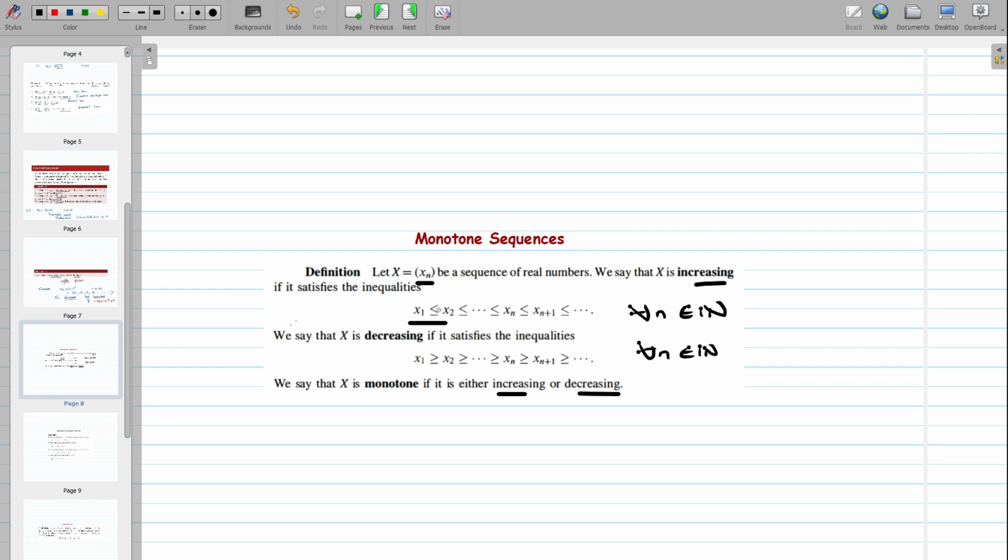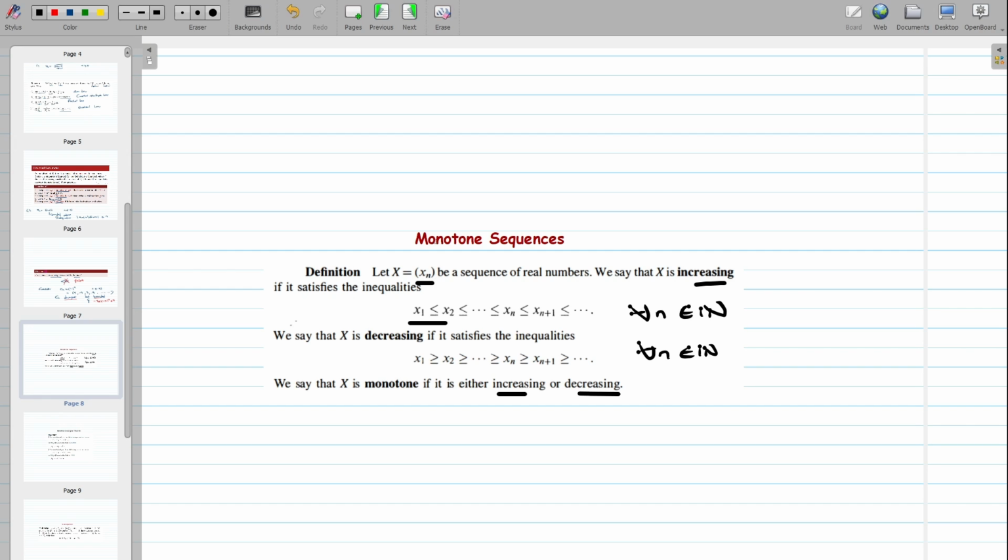Now, if we change the sign here, instead of using the less than or equal to sign, if we use the strictly less than sign, then we're going to have a strictly increasing sequence. Then if we use a strictly greater than, instead of a greater than or equal to, then we're going to have a strictly decreasing sequence, right?